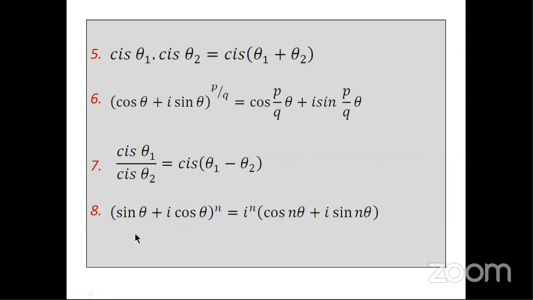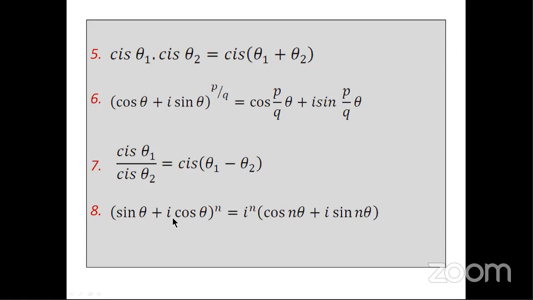But here, if you observe the LHS of this formula, you have cos theta in the imaginary part and sin theta in the real part. So to write this in our general or standard form, we need to multiply this with i, or sometimes i square, depending upon the problem.